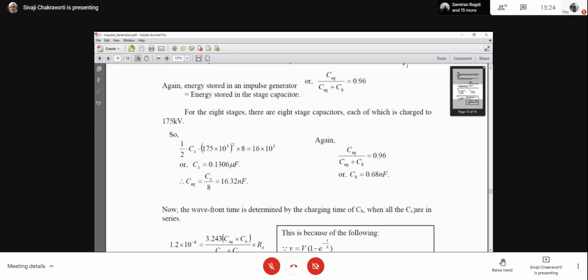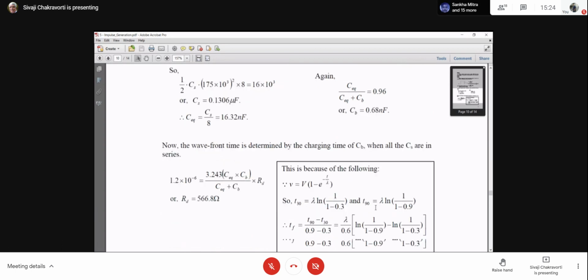But we also have to get the required wave front time and wave tail time.